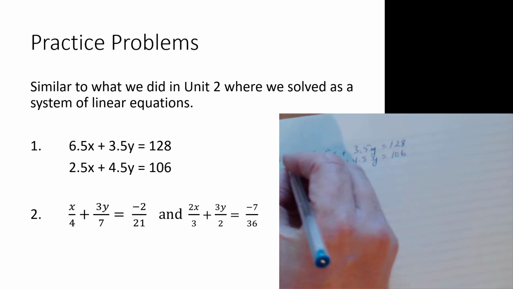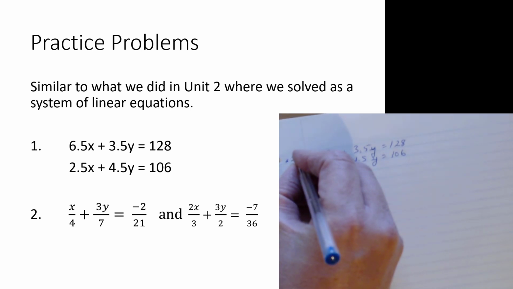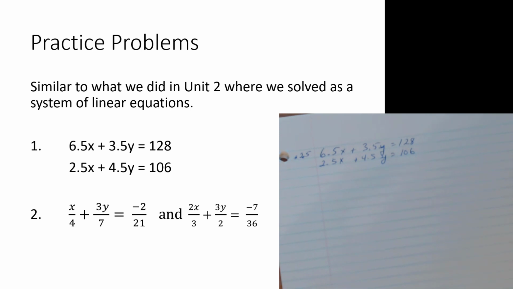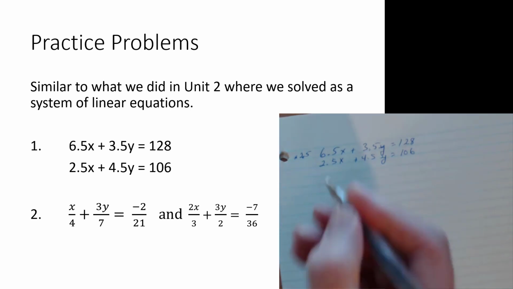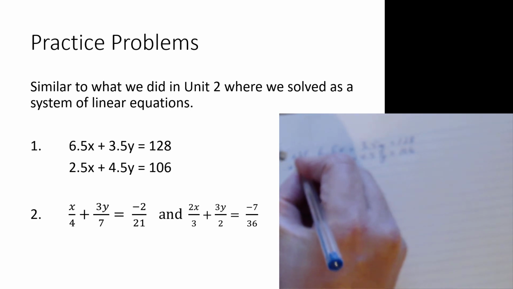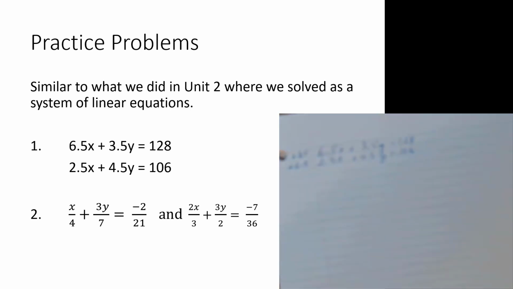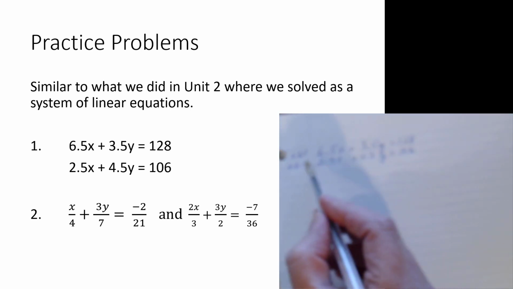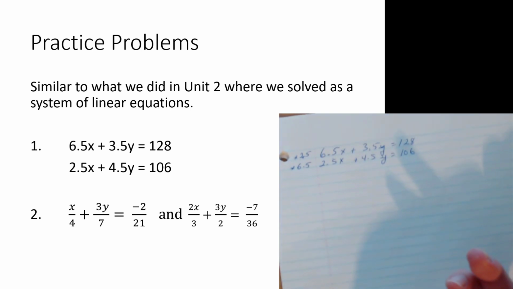So I drop back to the lazy way of doing it rather than too much brain sweat. I'm going to eliminate the x. So I multiply the first equation by the coefficient of x in the second equation, and multiply the second equation by the coefficient of x in the first. Oh my gosh, it sounded like a lawyer. We know that 2.5 times 6.5 is the same as 6.5 times 2.5, right?